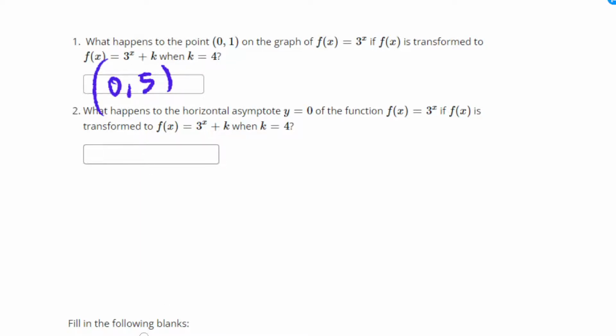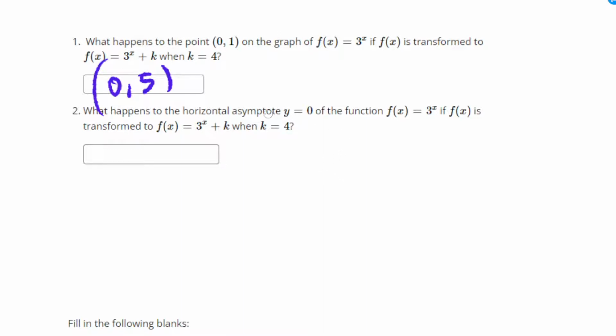And then this one asks what happens to the horizontal asymptote of y equals 0. Sorry, I just lost my train of thought. What happens to the horizontal asymptote of y equals 0 of the function f of x equals 3 to the x if f of x is transformed to be f of x equals 3 to the x plus k when k equals 4?